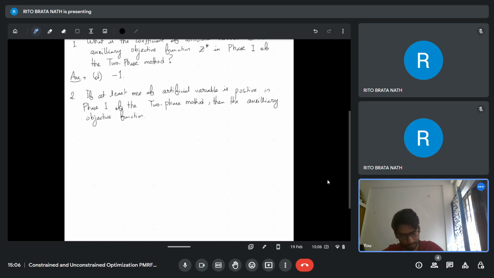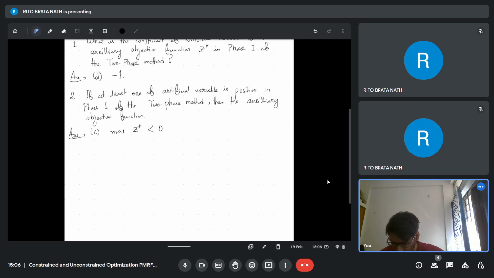Its answer will be C, which is maximization of Z star, that will end up being negative. Okay, so I think that was pretty simple.